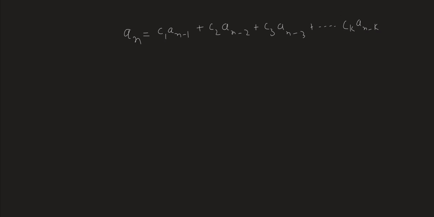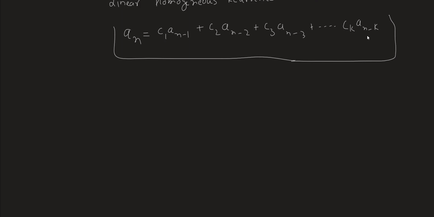This is called a linear homogeneous recurrence relation, because if you look at this equation, you have a constant multiplied to each term.